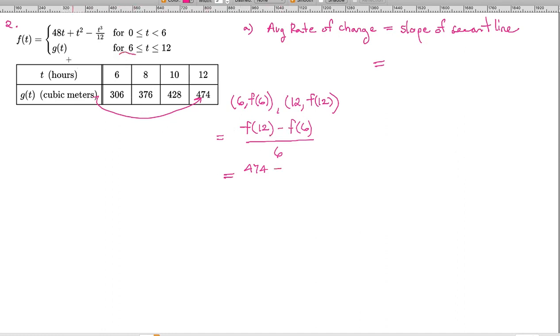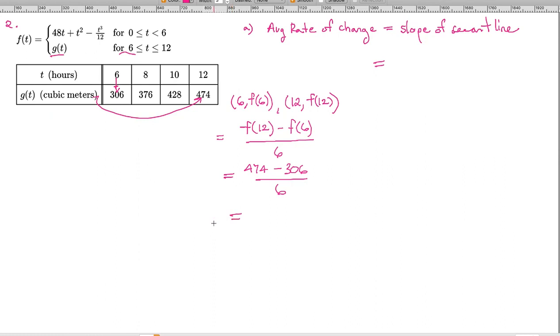Again, I use the g piece for f, and they give me the value for g of 6 as 306, over 6. Now for some arithmetic, what's it going to be?